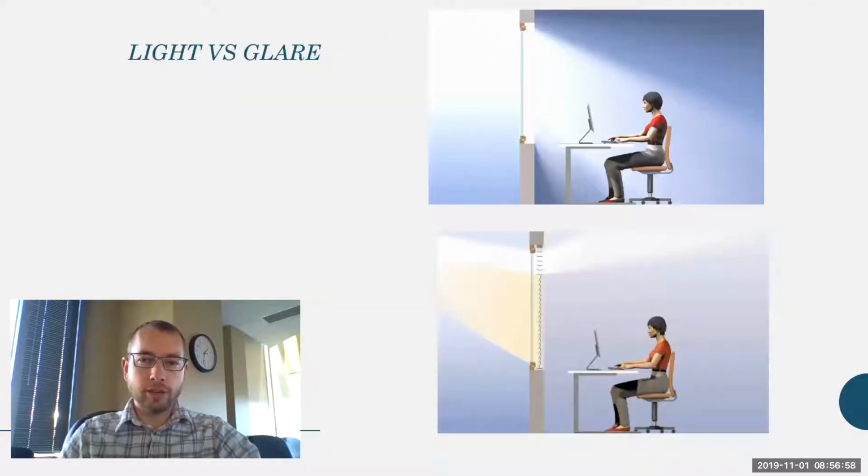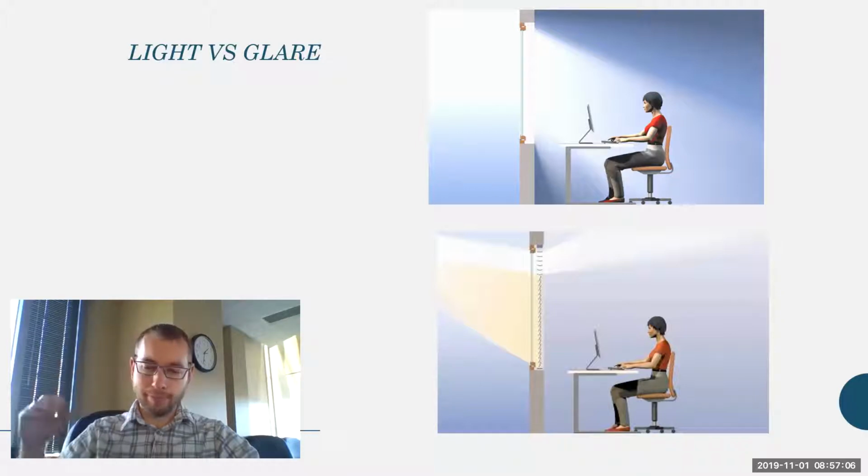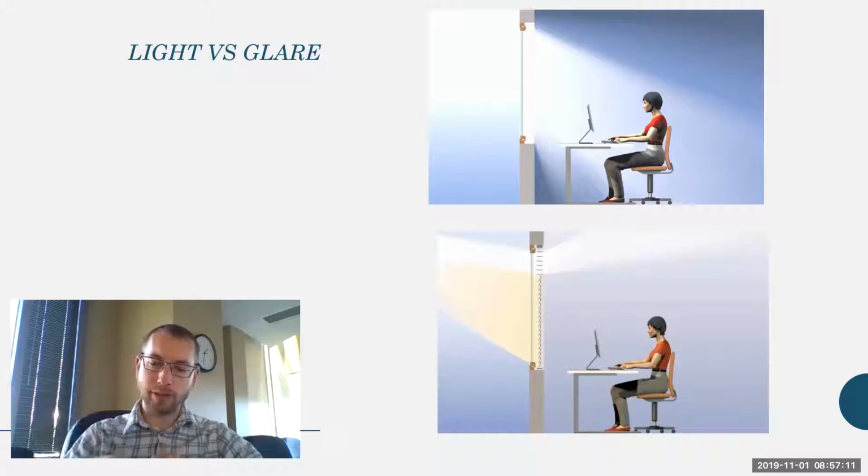But there's an important distinction to be made between having adequate lighting in a space and having glare or sun basically penetrating a building directly. Imagine beams of light hitting a desk. We want lots of natural light.